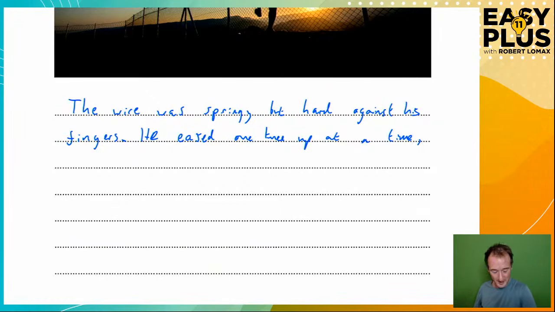He eased one knee up at a time. So we've got ease as an interesting verb. Putting his toes into each hole. Hole, let's be more specific, into each diamond hole, each diamond gap. Putting his toe, what would you do if you're feeling your way? Your eyes are up here and you're trying to get your toe into the hole.